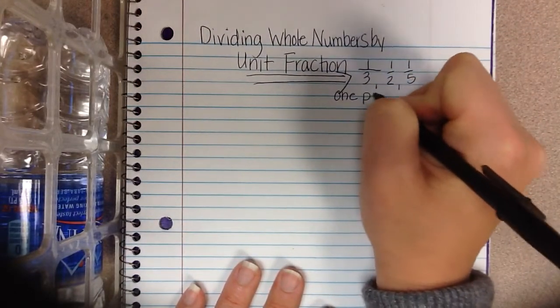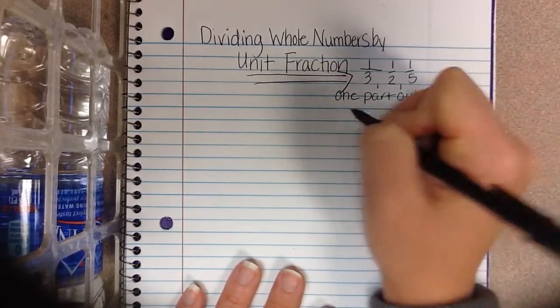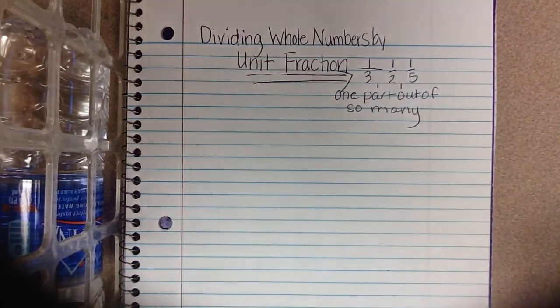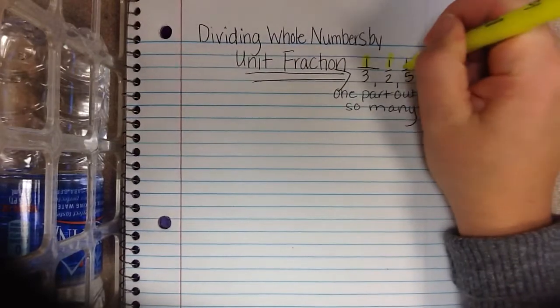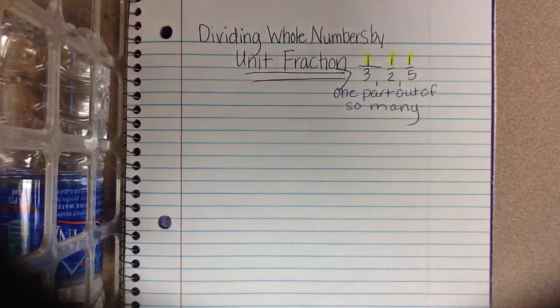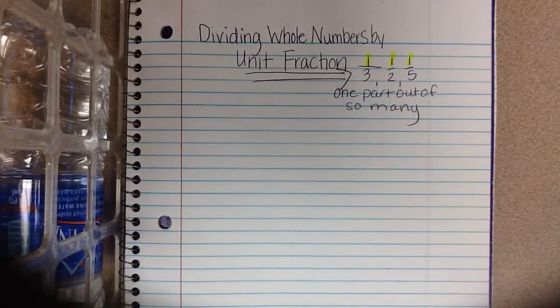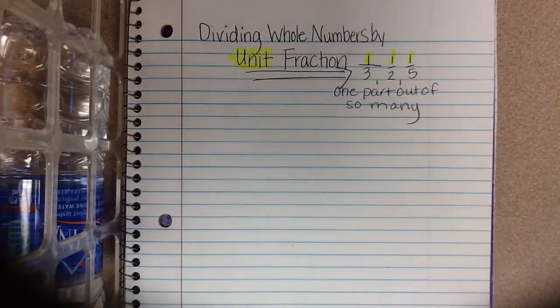One part out of so many. So the important thing about a unit fraction is it has a 1. I am only talking about one part. So to divide into thirds, into halves, into fifths, into eighths, into tenths, but I'm only taking one of them. That's what unit fraction means, just one of them.